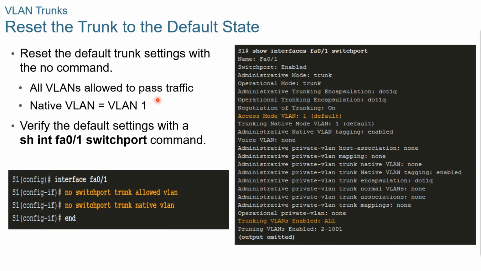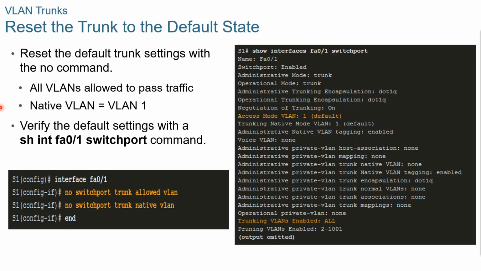Now, how do we reset the trunk to the default state? We simply use the no switchport trunk allowed vlan and no switchport trunk native vlan commands to remove the allowed VLANs and reset the native VLAN on the trunk. When it is reset to the default state, the trunk allows all VLANs and uses VLAN 1 as the native VLAN.